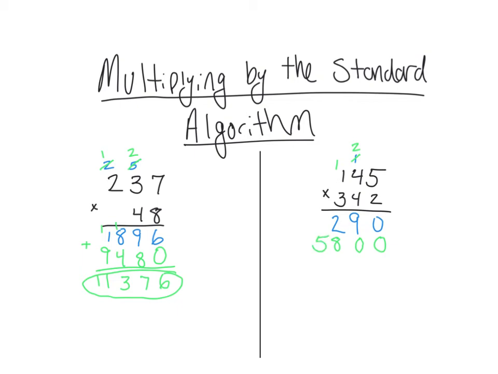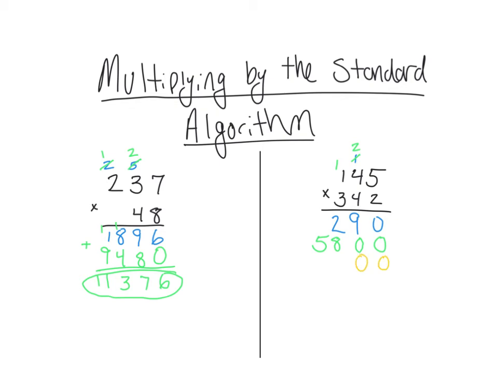Okay, so I'm done with the 4 now, and now I need to multiply this 3 in the hundreds place by 5, 3 times 4, 3 times 1. But since I've now moved over 2 places from where I started, I need to put 2 placeholder zeros.